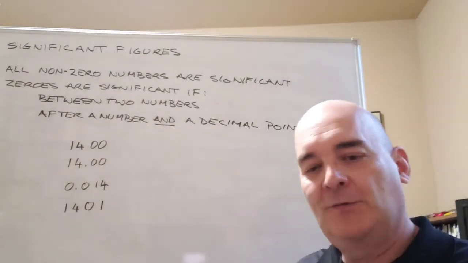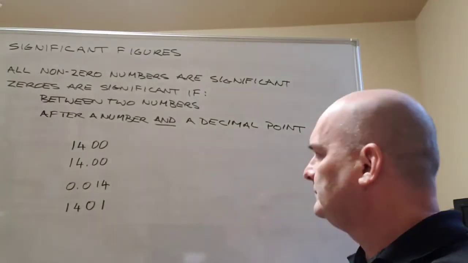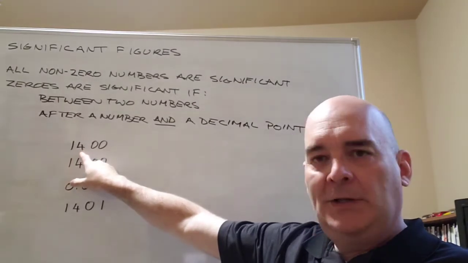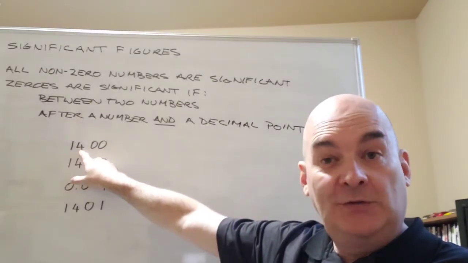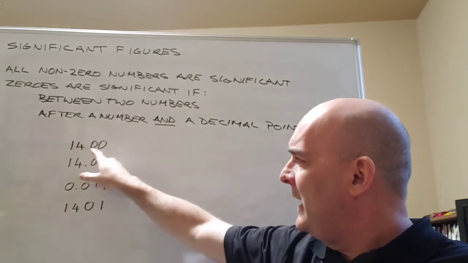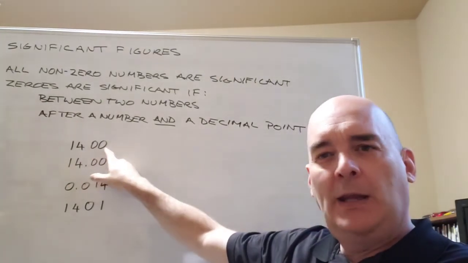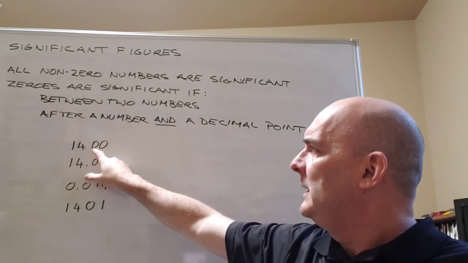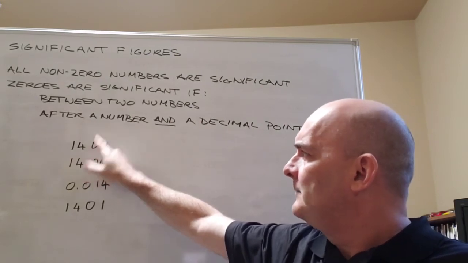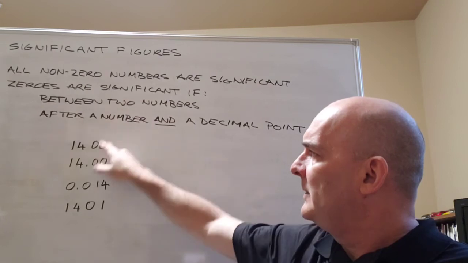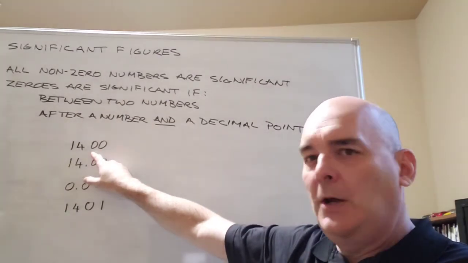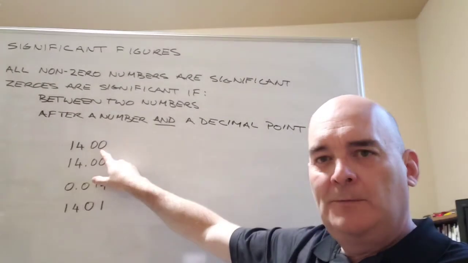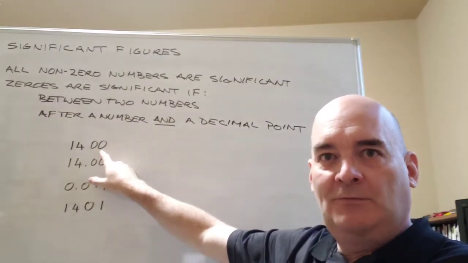Okay, so when I look at the number 1400, 1 is a real number, 4 is a real number, so I have 2 significant figures already, and then I have a 0, and then I have another 0. So this first 0, is it significant? Well, is it between 2 other real numbers? No, it's not, because the number on its right is a 0, not another real number.